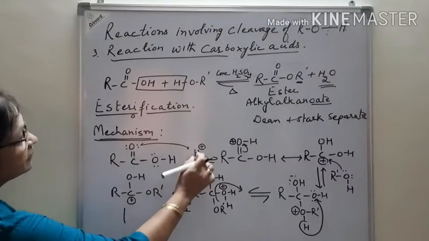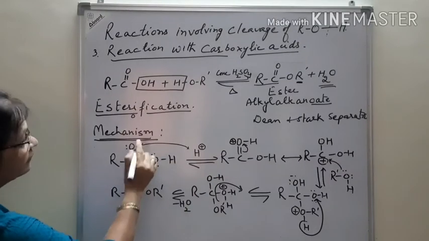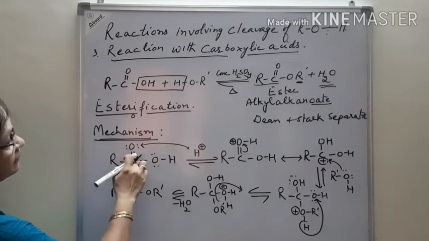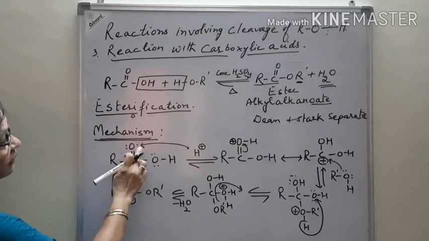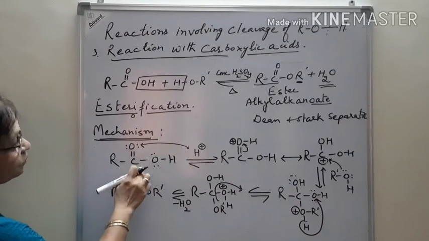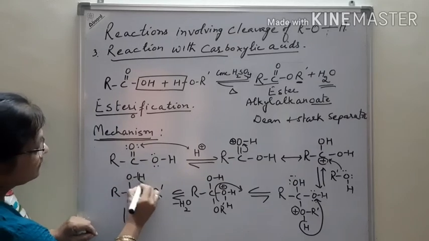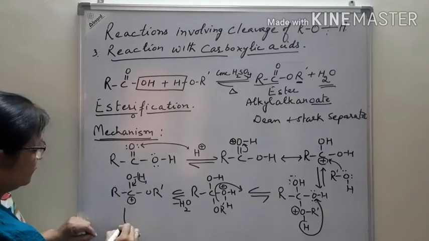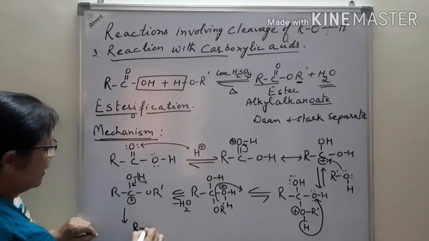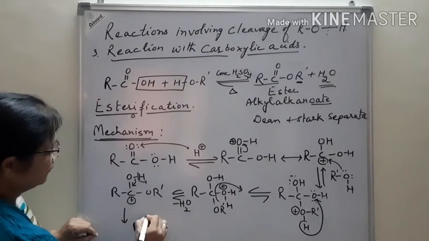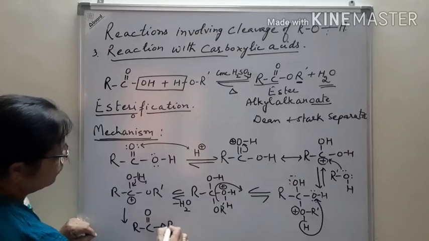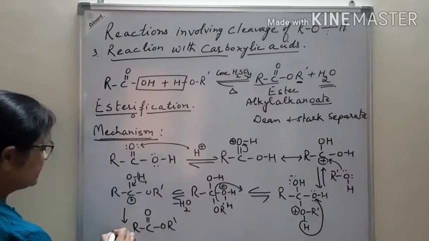In the next step, the H which you added at the start of the reaction to protonate it, right? That H is removed. R, C, double bond oxygen, OR dash is formed, plus H+.